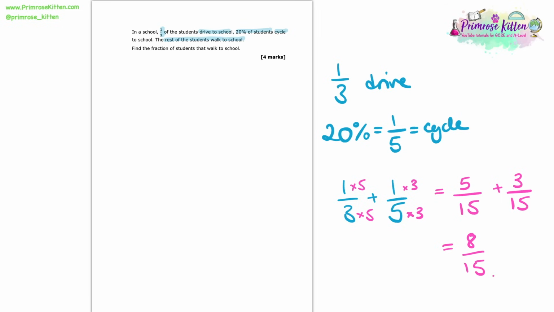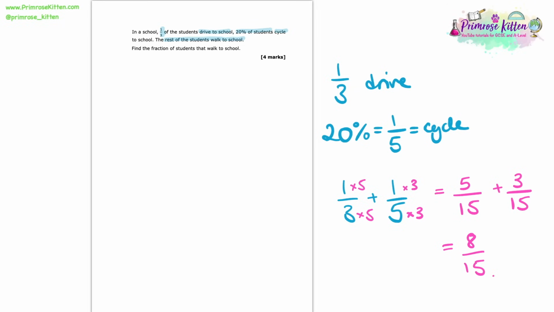Now once we've got that common denominator, we can simply add these fractions just by adding the top numbers, the numerators, and leaving the denominators as they are. So 5 plus 3 gives us 8 over that 15. So now we need to find what fraction of students walk. So walking is the only other option available here.